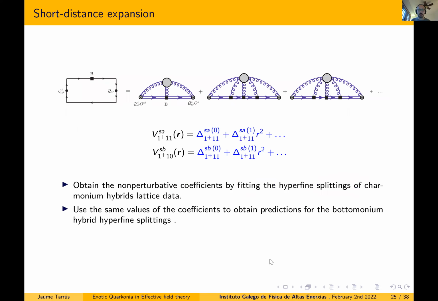So we want to apply the same expansion for the potentials of the spin-dependent operators. In this case, at leading order, they come from this sort of Wilson loop with insertion of P, and this means that, expanding the multipole expansion here, we need an interaction between the heavy quarks and the gluonic state already at leading order.